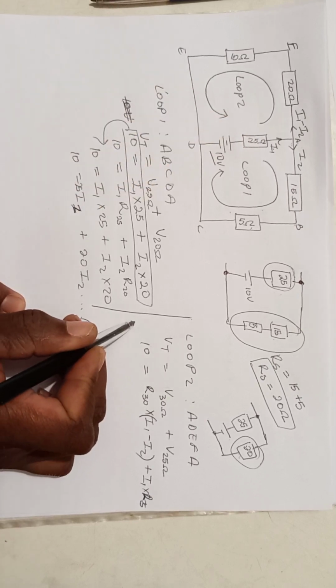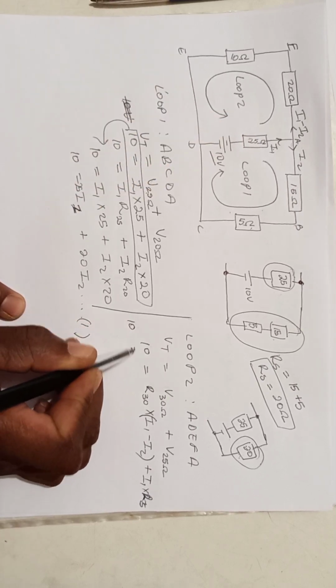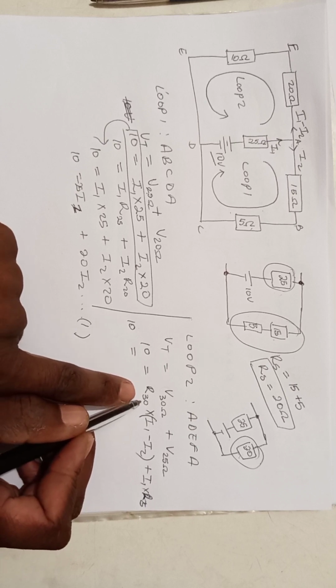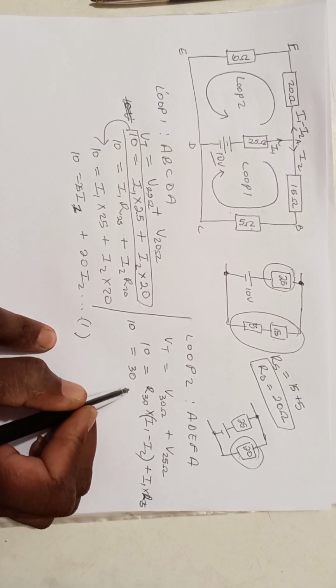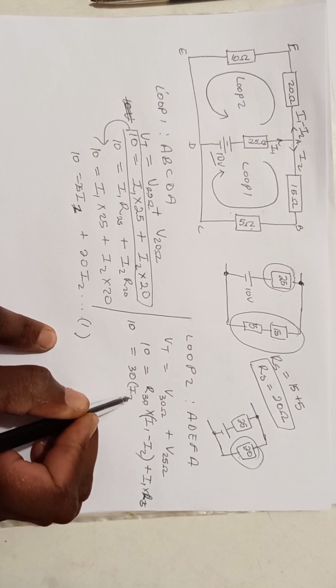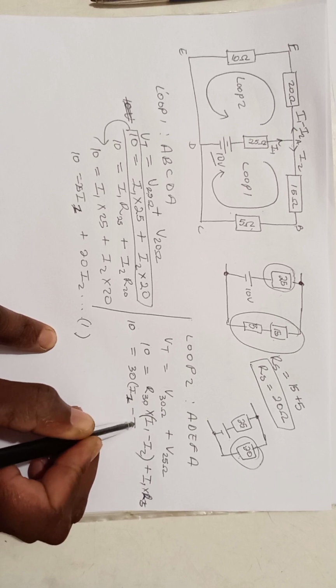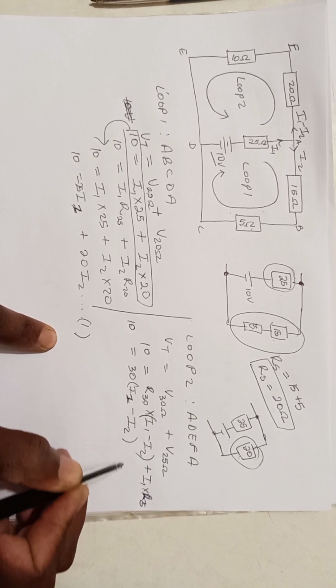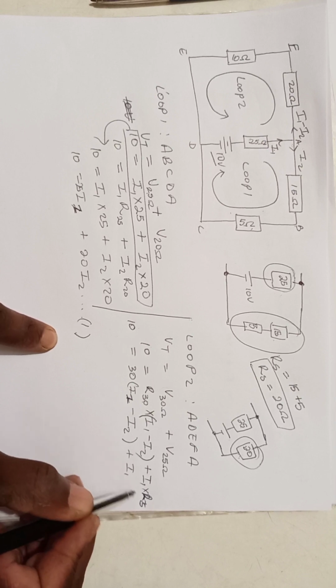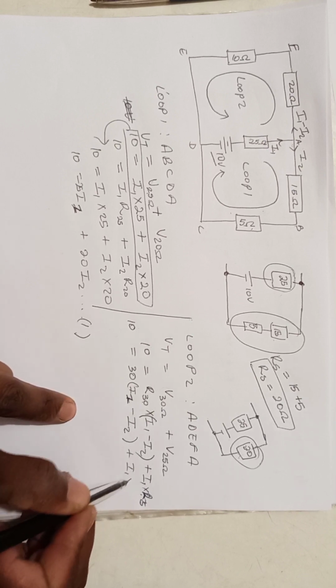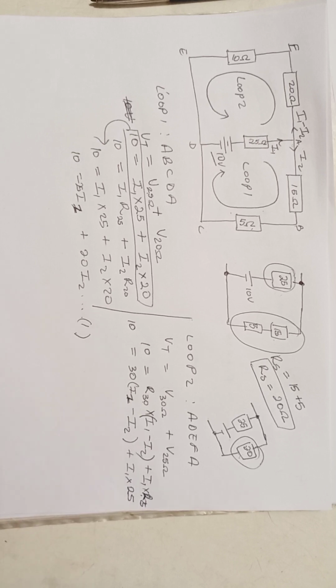So now our 10 is equal to R30, the 30 ohms that we know, times I1 minus I2, plus I1 times R25, sorry, it's 25.